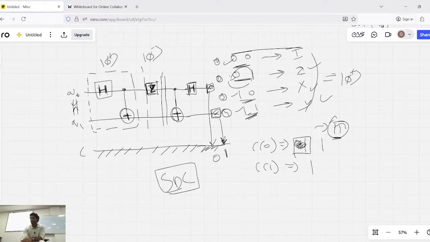Like optical fiber cable, or you can say waves or anything. Any type of classical phenomenon you can use to send the information. In this case, not a problem. That's what will happen in SDC. Once Alice encodes the qubit and everything is proper, she will send this encoded qubit to Bob by using a classical channel.